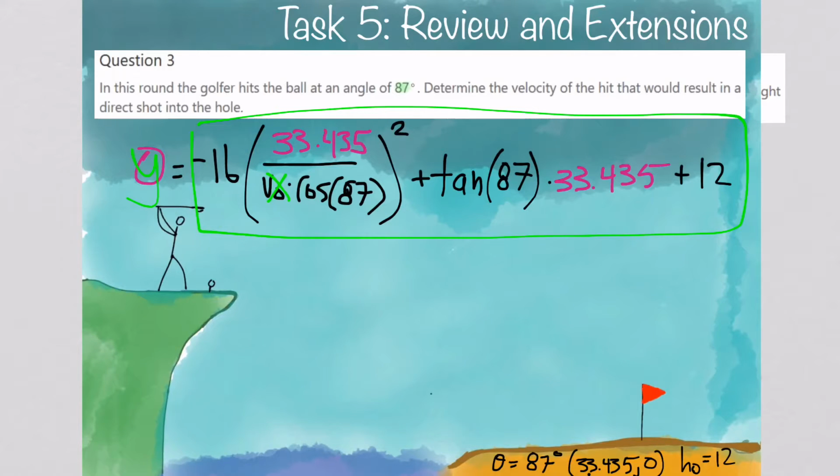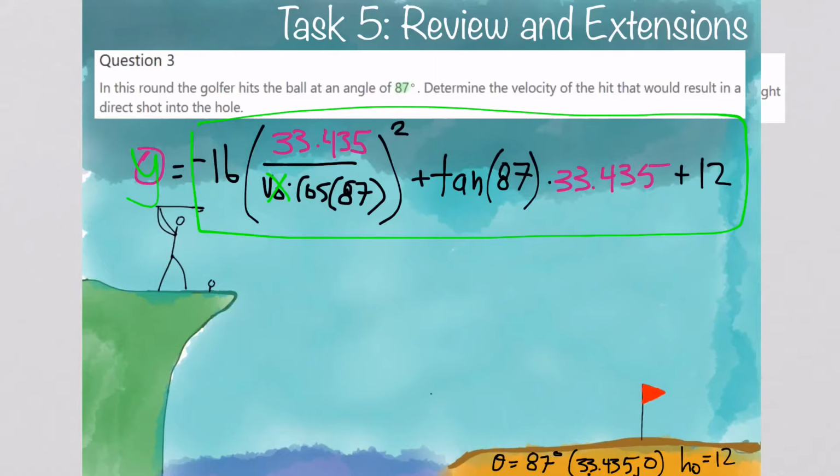Remember that if you are on a TI-84, your calculator has the fraction feature, which allows you to enter fractions that look like fractions, which is pretty nice. As I'm typing this, I'm going to start by typing my negative 16, and then open a parenthesis and type alpha y equals, enter, which will give me a little fraction bar.